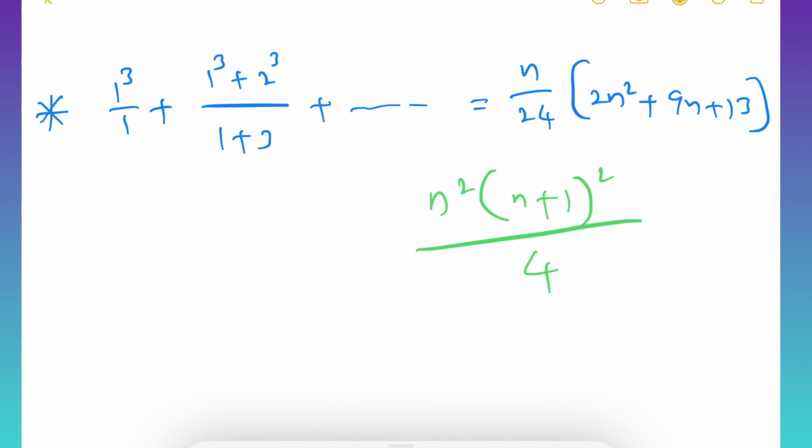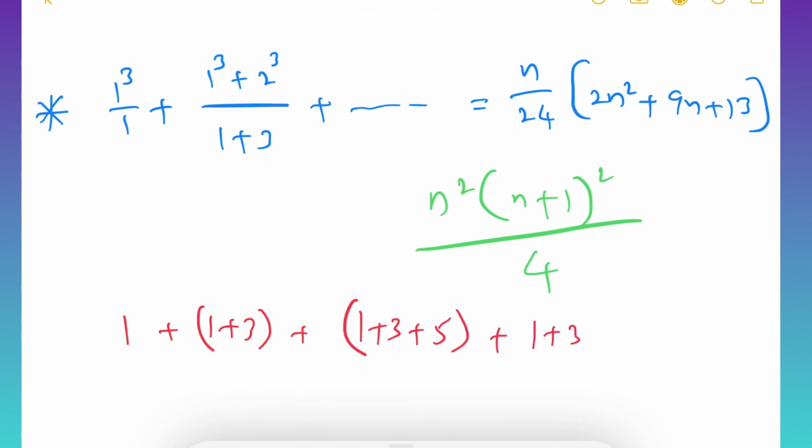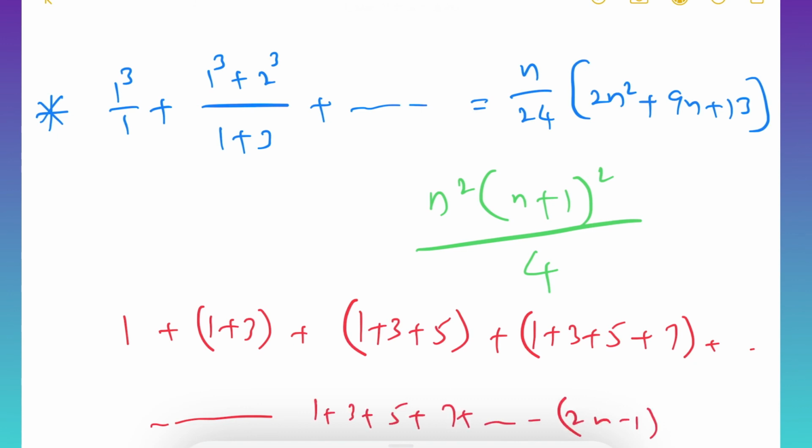Now let us move to the denominators. Here if you observe the denominators clearly, first one is 1, then second one will become 1 plus 3, then next one will become 1 plus 3 plus 5, then next will become 1 plus 3 plus 5 plus 7, then like that it continues. So we need to get 1 plus 3 plus 5 plus 7 plus and so on up to 2n minus 1.